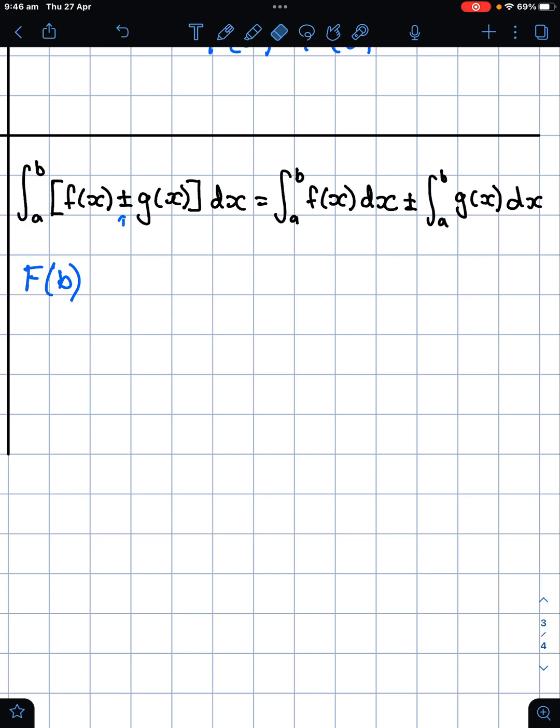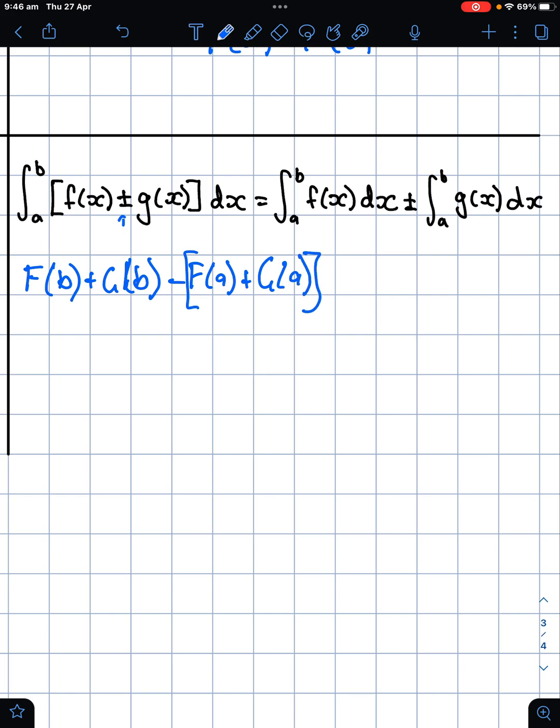let's just do f of b plus g of b. That should be a capital for an antiderivative. G of b minus the lower bounds here, which is going to be f of a, I'm just going to have to put a big bracket, plus g of a.